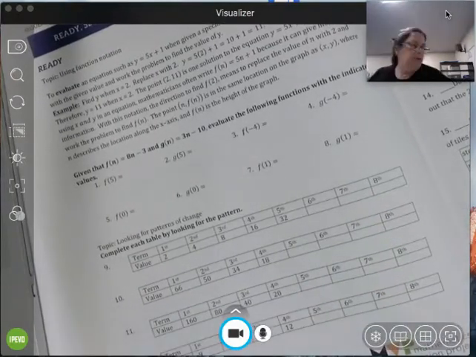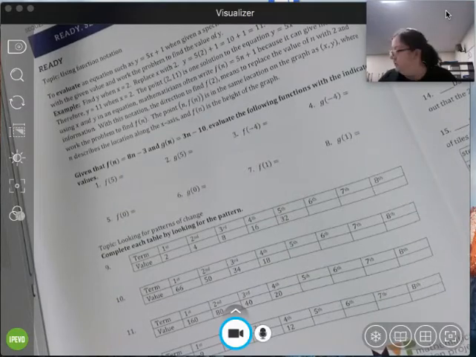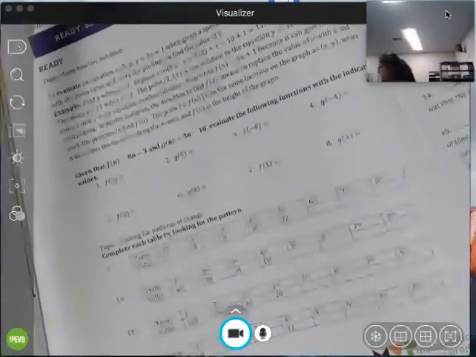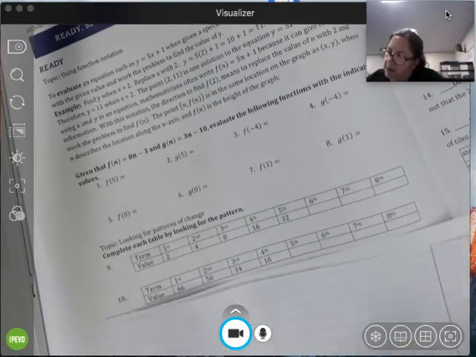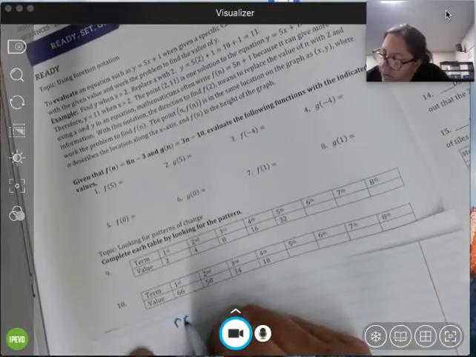But then we were supposed to come up with an equation. So hopefully you looked at your work from last time, and you saw that last time I gave you guys an outline for how to write an equation for these kind of problems. First of all, you have to know your rate of change.